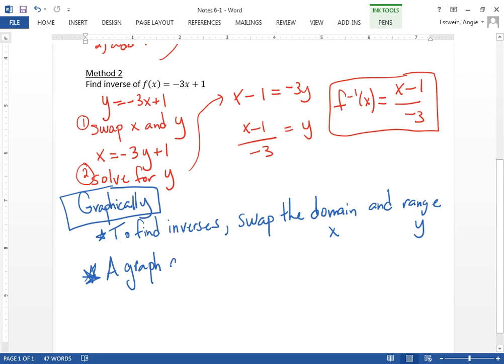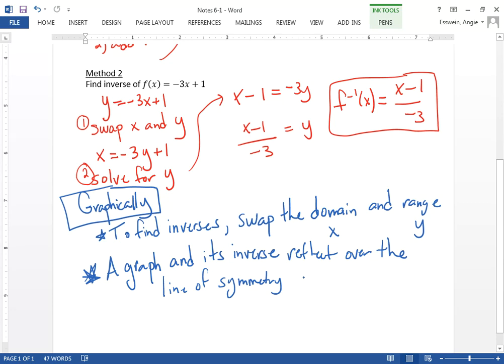A graph and its inverse reflect over the line of symmetry. And that line will always be the equation y equals x. A graph and its inverse reflect over the line of symmetry y equals x.